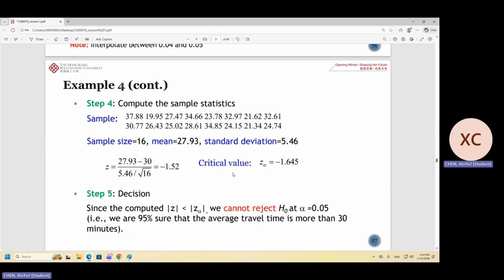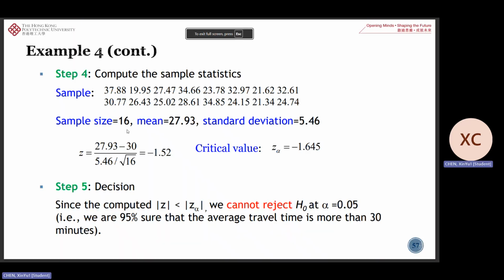Okay, the next example is a sample. We have a different sample, something like 1, 2, 5, 6, 7, 8, 9, 10, and so on, 16 observations there. When you calculate it, the mean is 27.93 and the standard deviation is 5.46. Based on this information, we can calculate the Z value, right?